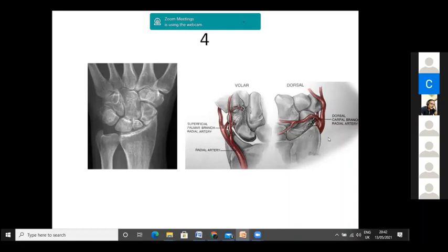If there is adequate blood supply, we can do open reduction internal fixation with bone grafting. If there is reduced blood supply, we have to remove that and fuse the bones. Or a vascularized pedicle graft. Yeah.